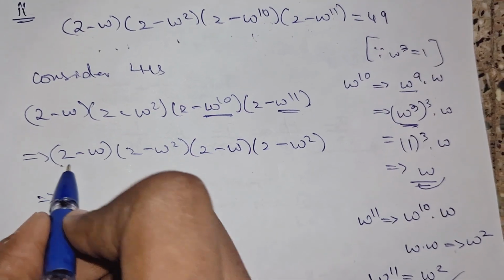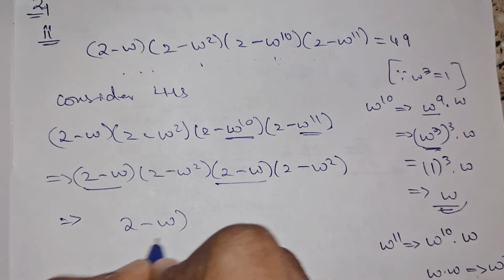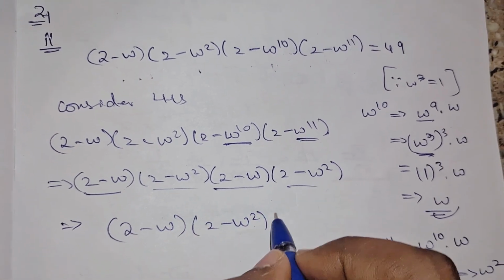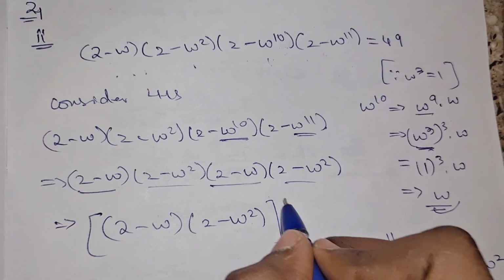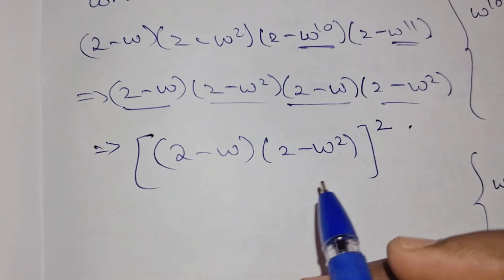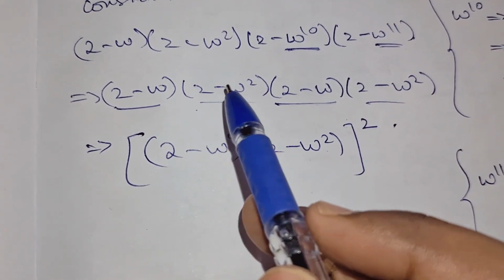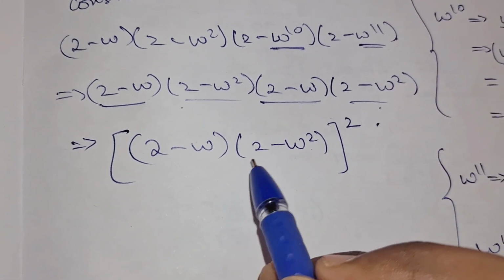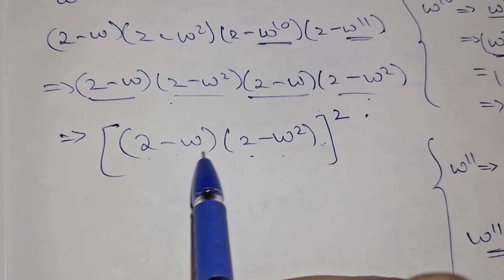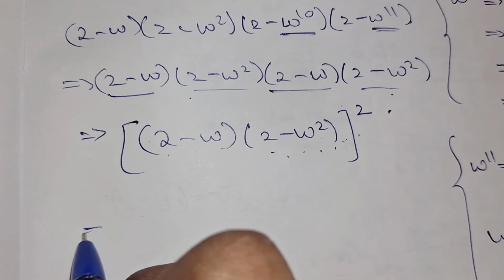Now (2 minus omega) and (2 minus omega) is common, and (2 minus omega square) is also there two times. So we will consider this to be whole square in this way. (2 minus omega) into (2 minus omega) is (2 minus omega) whole square, and (2 minus omega square) into (2 minus omega square) is (2 minus omega square) whole square. So we are considering (2 minus omega) into (2 minus omega square) whole square, which is the same only, right?